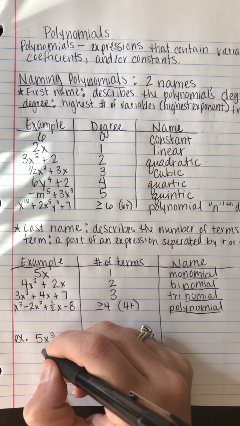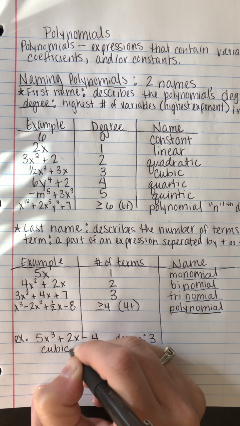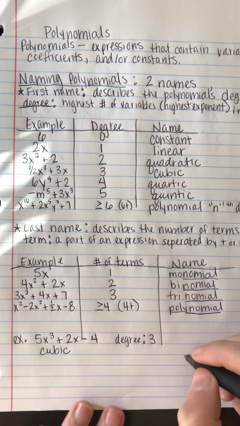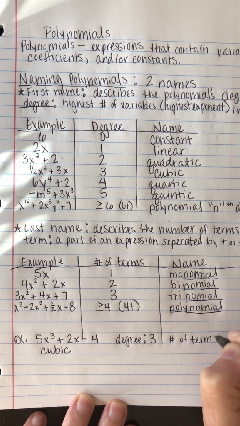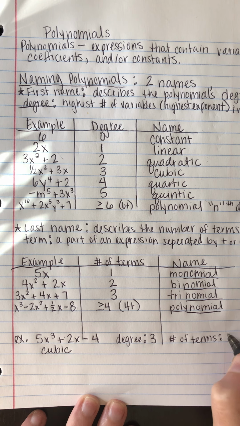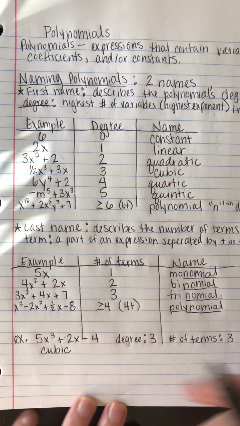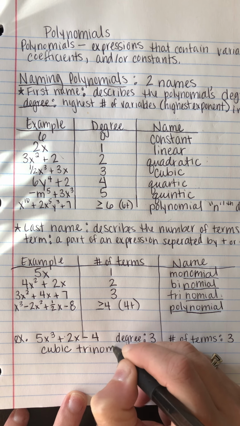That tells us it's a cubic. And then the number of terms is also going to be 3. 1, 2, 3. So that tells us it is a trinomial. So this one is called a cubic trinomial.